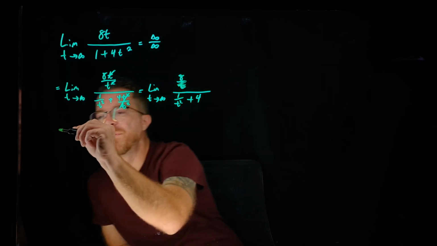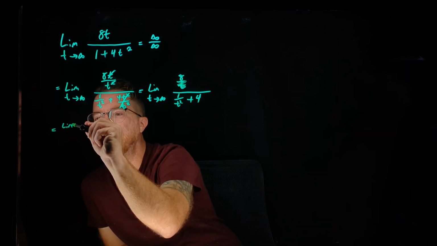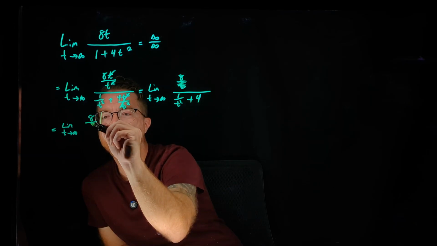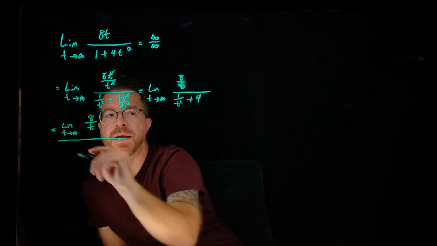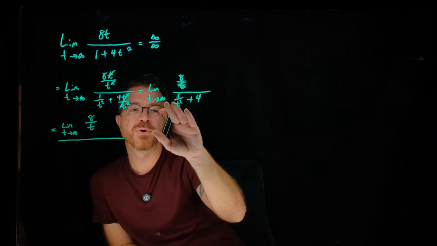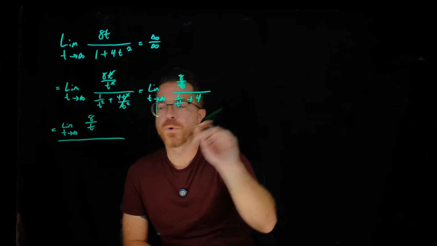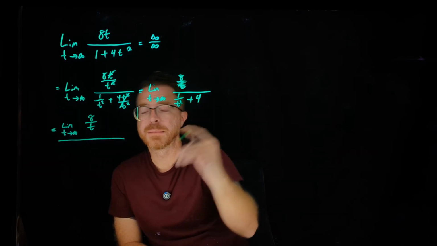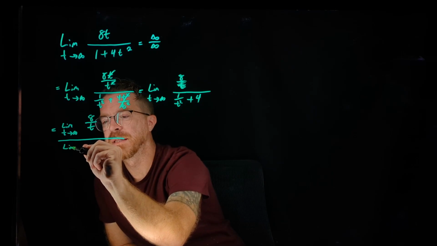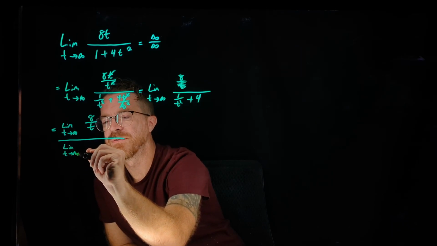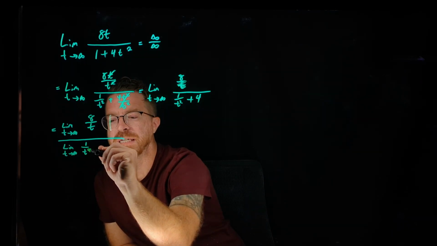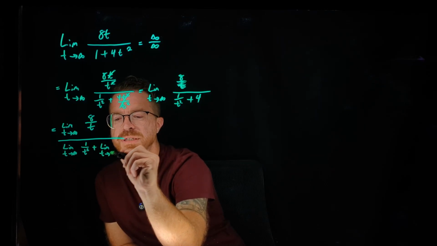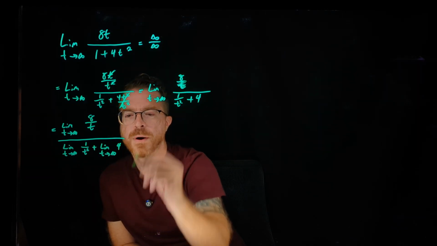So this is equivalent to the limit as t approaches infinity of 8 over t, divided by the limit as t approaches infinity of 1 over t squared plus 4. This can then be split into the limit of the first thing plus the limit of the second thing. So this is the limit as t approaches infinity of 1 over t squared, plus the limit as t approaches infinity of 4.